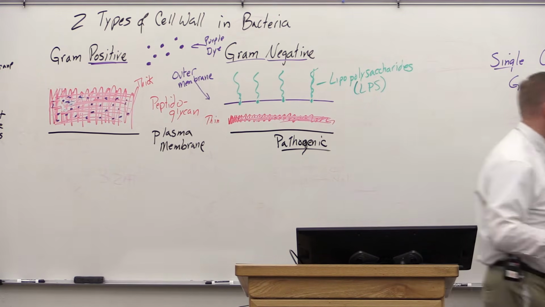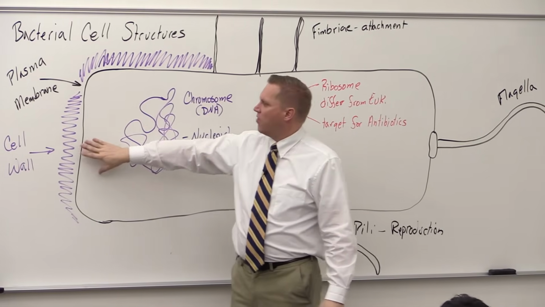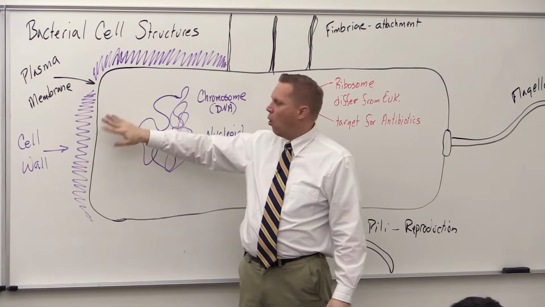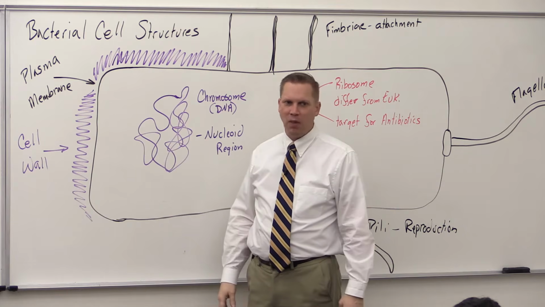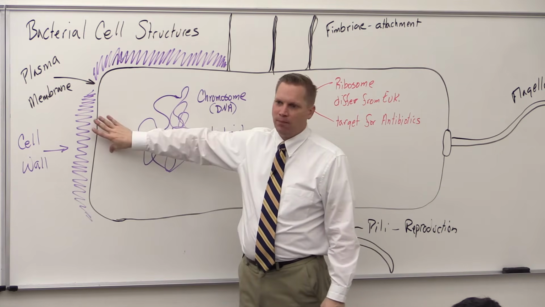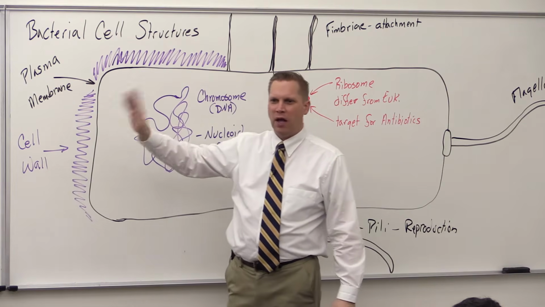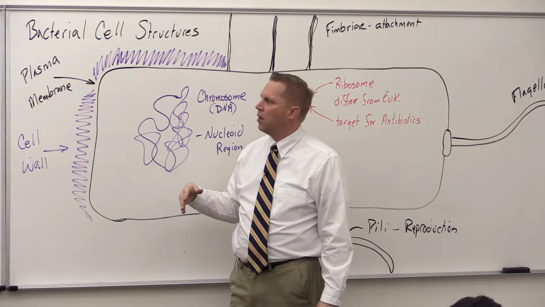Okay? And so on our drawing, as we come over here, cell wall, it could be a gram-positive cell wall, or it could be a gram-negative cell wall, depending on the type of bacteria. If this were an archaea, we wouldn't even really use the gram stain. It might or it might not stain purple, or the other color is pink in the gram stain.